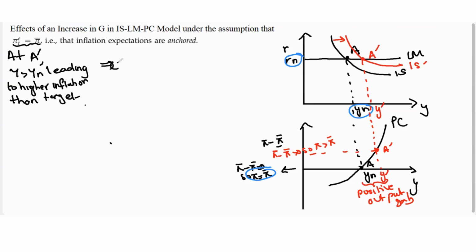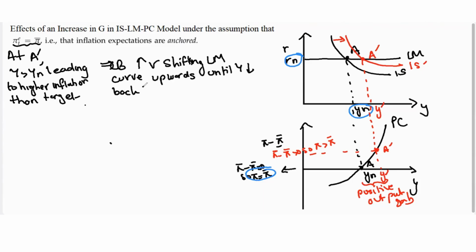So the central bank will respond to this by increasing the interest rate, shifting the LM curve upwards, until y decreases back to yn, and hence pi decreases back to pi bar.